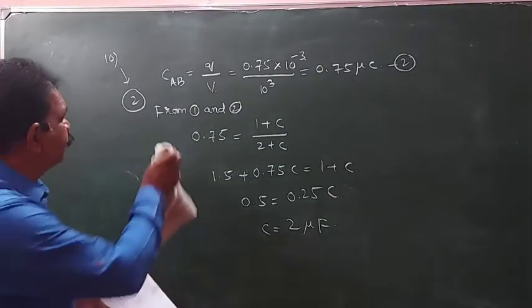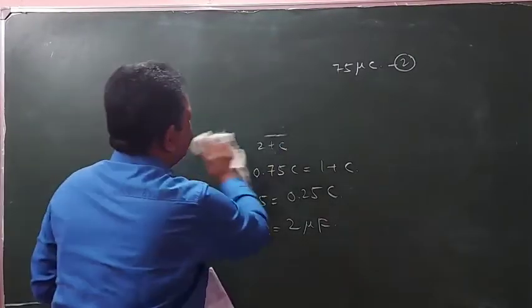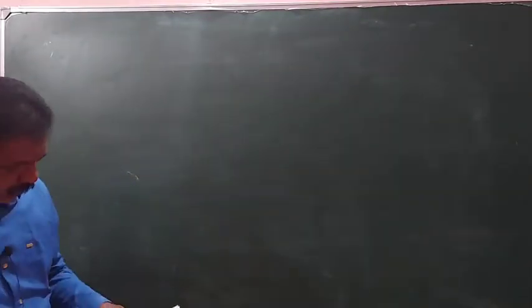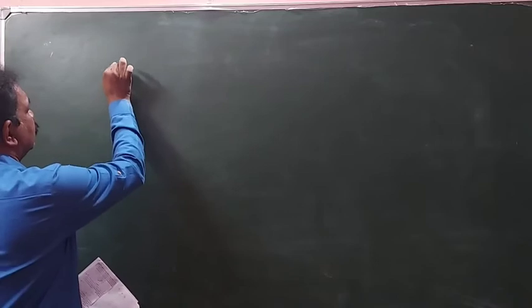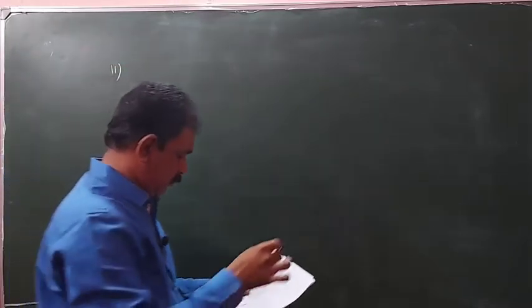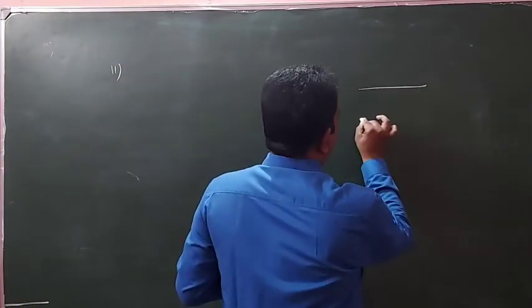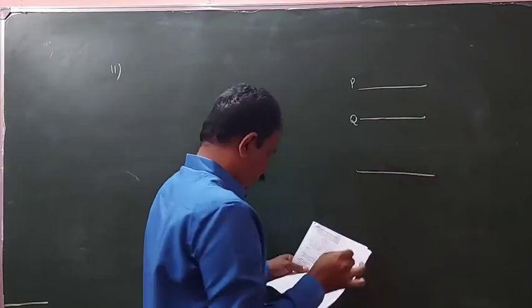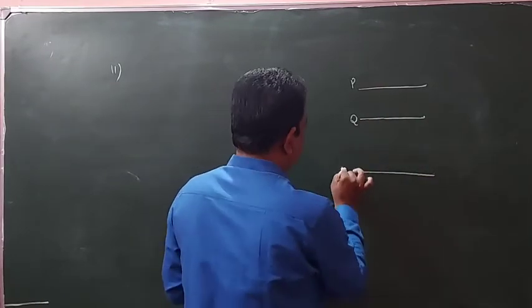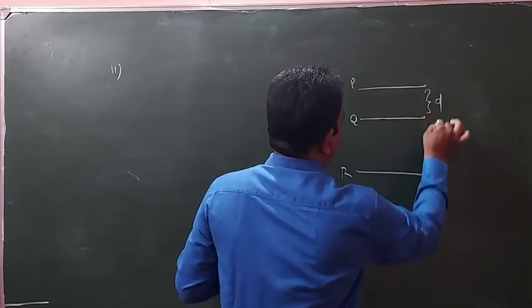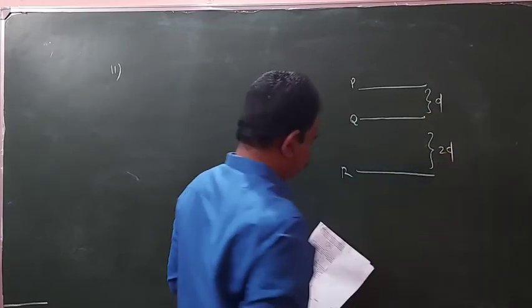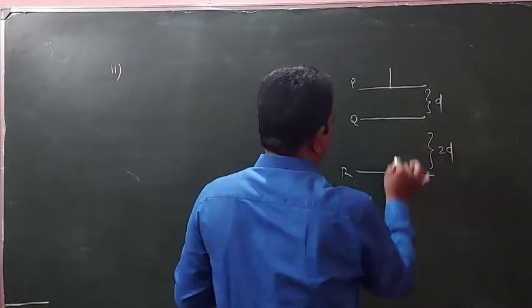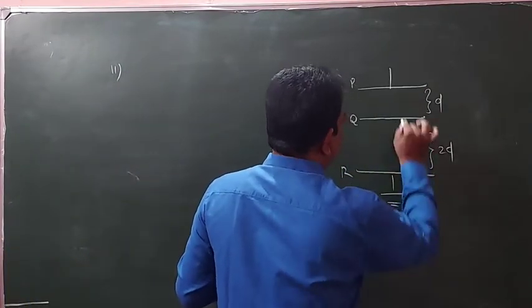So what they are asking, see, here 11th question. Plates P, Q, R. This distance is D. This distance is 2D. Okay. In between this, PD is.